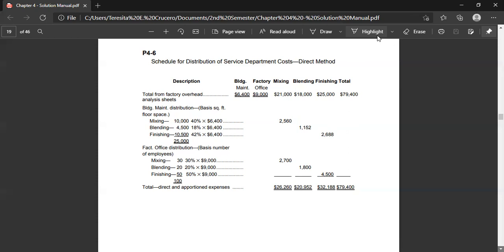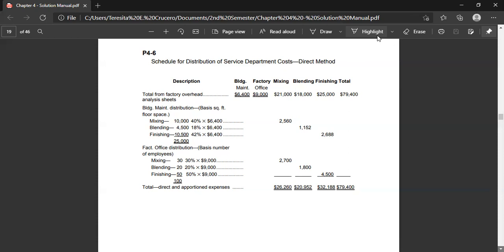So for mixing, 10,000 square feet. For blending, 4,500. And for finishing, 10,500 square feet. Now, if you add the square feet, you get total of 25,000 square feet.